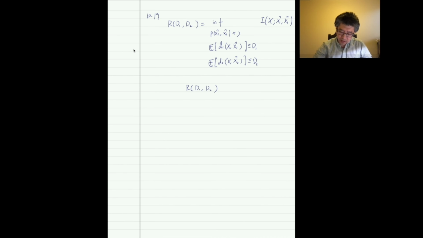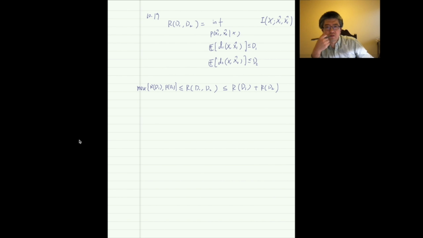Therefore, we know this would definitely be less than R(d1) plus R(d2). Okay, so that is obvious. On the other hand, can we find a lower bound for this? It turned out that we can find the lower bound, which is the maximum between R(d1) and R(d2).